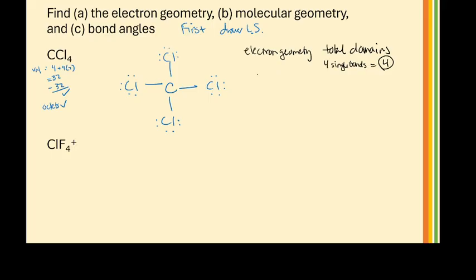And then I'm going to look in column 2, the electron geometry column, row with 4 total. And when I do so, I see I get tetrahedral.